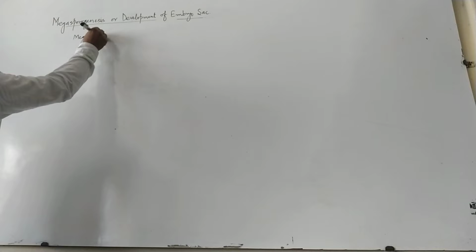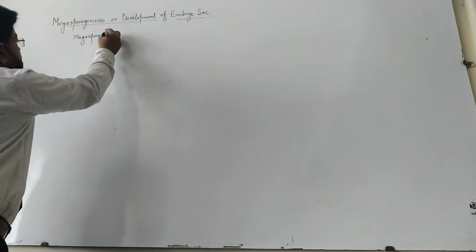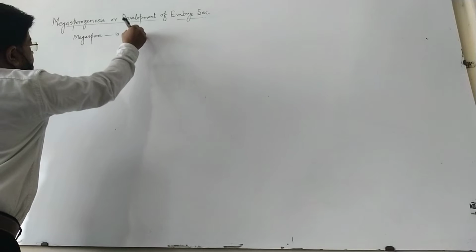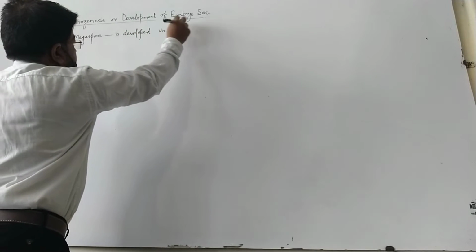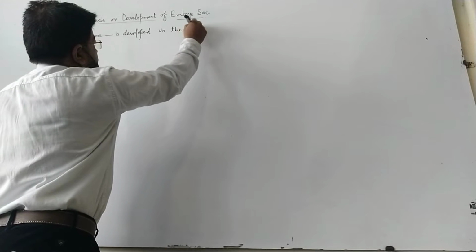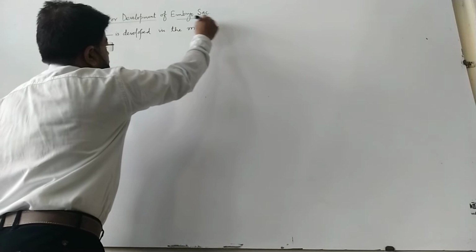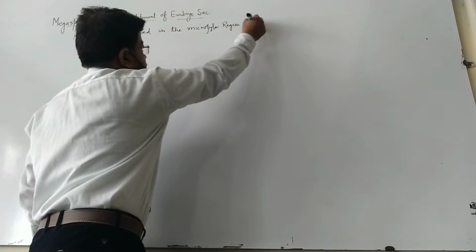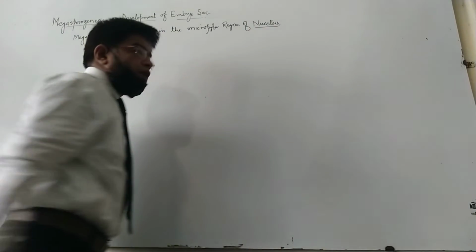So the development of embryo sac is the development from megaspore. The formation of megaspore is known as megasporogenesis, and this megaspore is developed in the micropylar region of nucellus. So what about the nucellus?